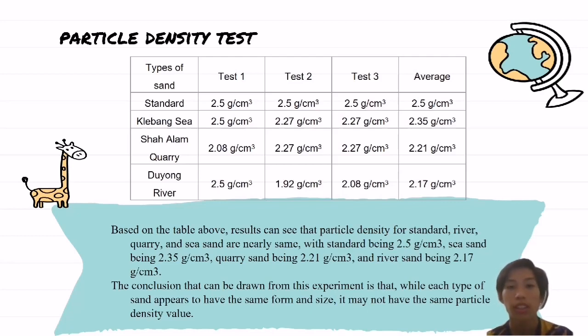The conclusion that can be drawn from this experiment is that while each type of sand appears to have the same form and size, it may not have the same particle density value.